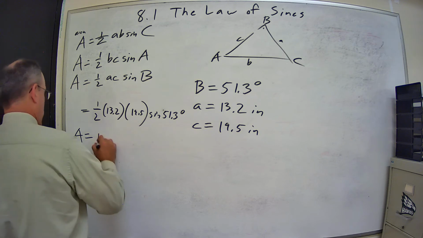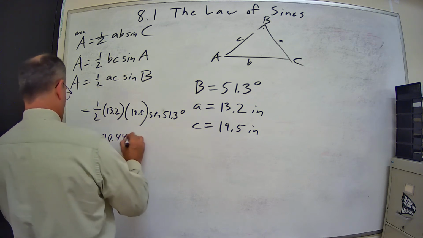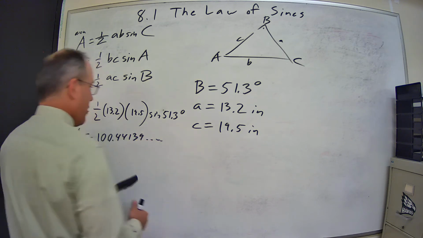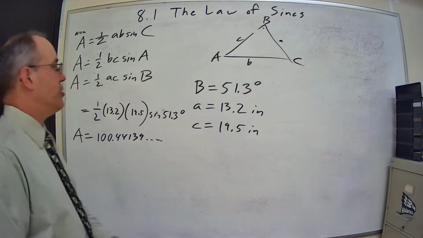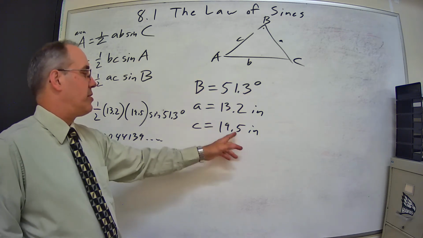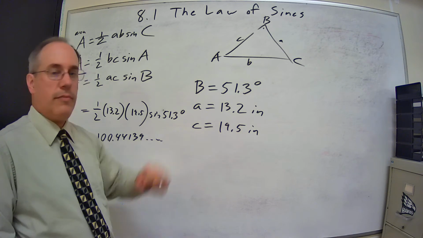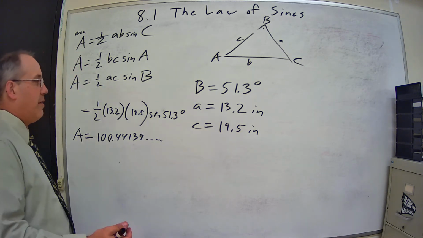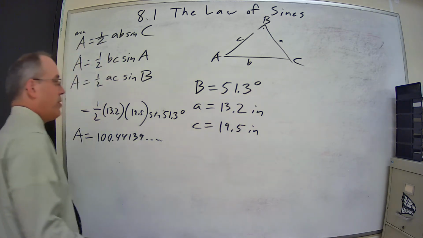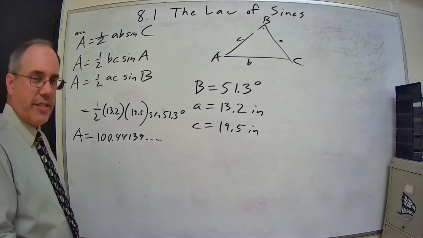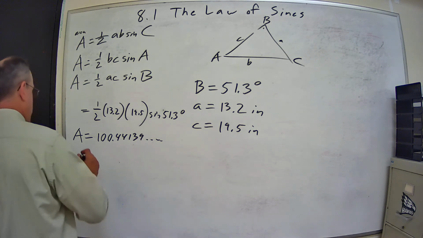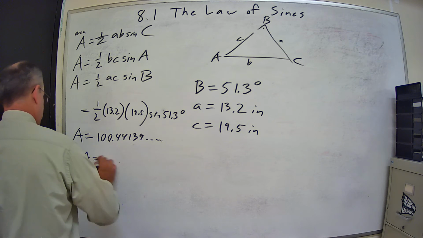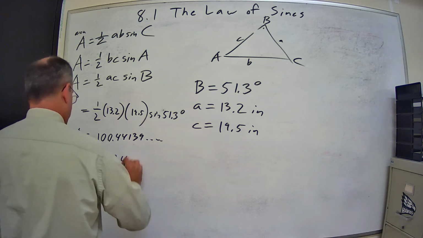is equal to 100.44139, etc., etc. Well, I do notice that these are to the nearest tenth, everything. So I'm going to give my area to the nearest tenth, just to be consistent. So the area is equal to 100.4.